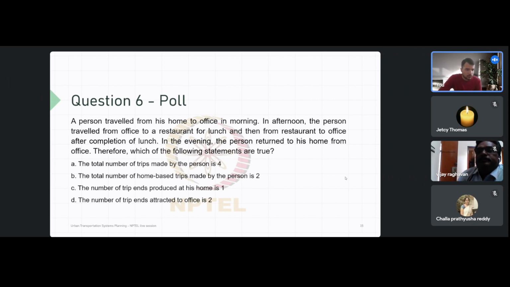So let's do it with a figure. Let's say we have the home of the person, we have the office, and let's say the restaurant somewhere here. In the morning, the person will go from home to office.